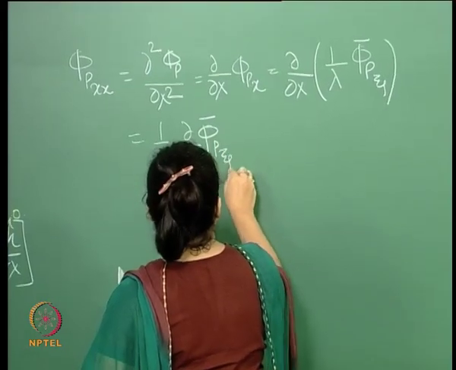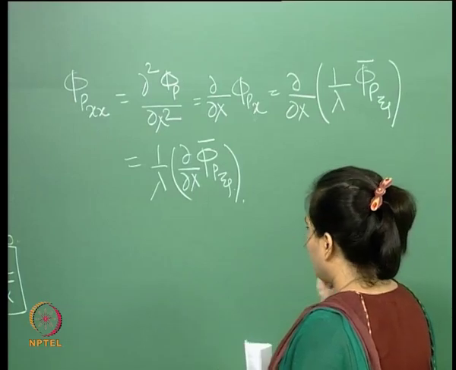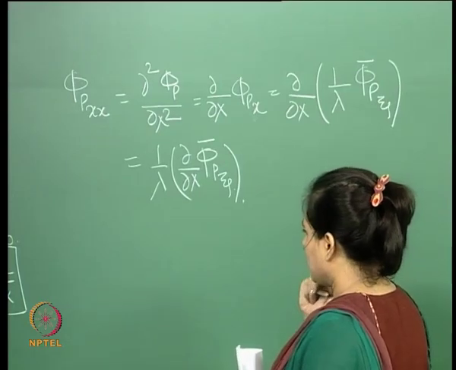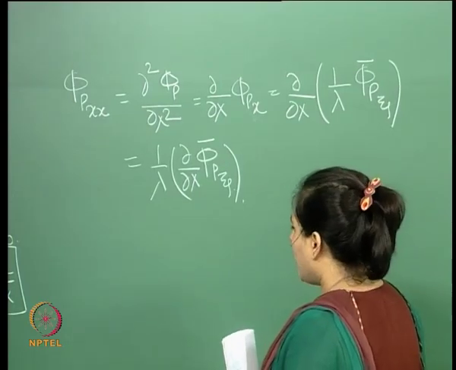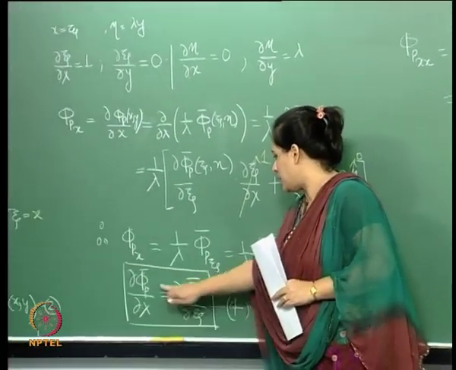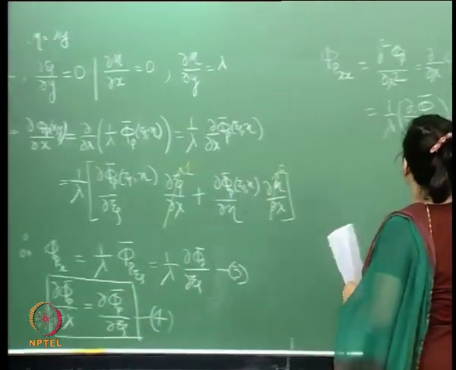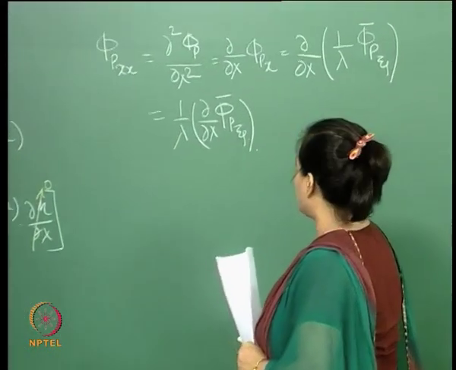Then what we get here is this, and we get del del x of phi p z. Now, as we have seen over here, you can see this del phi p del x is equal to del phi p bar del z.